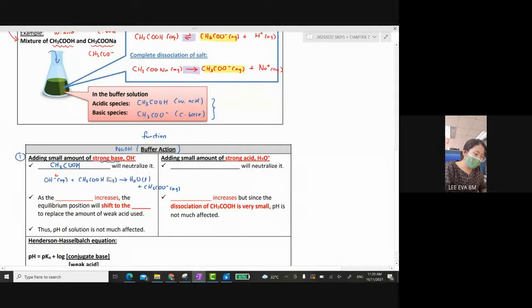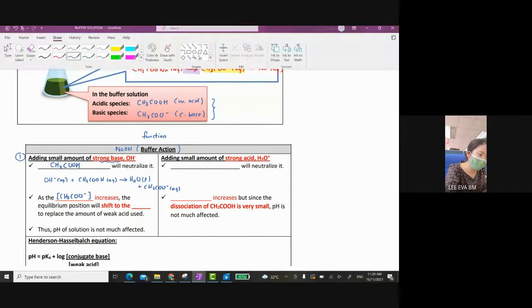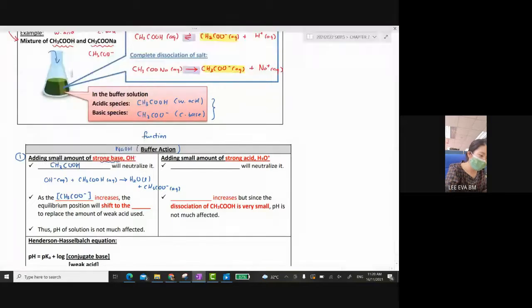All right, and then after that we want to do the explanation. So as the concentration increases, if you're producing more CH3COO minus, the concentration will increase. So Madam highlightkan untuk awak dekat sini. So now we are talking about this concentration. So the concentration of your conjugate base increases.